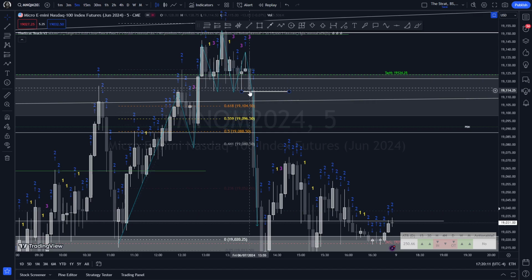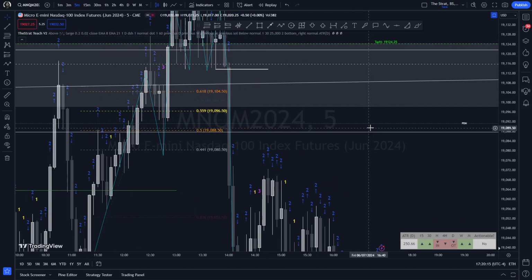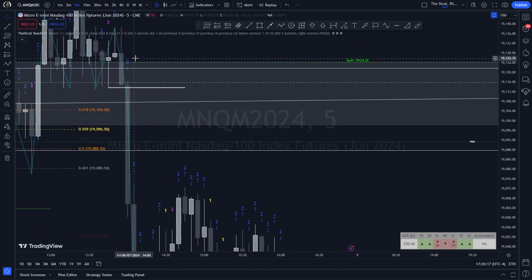So once I saw this two happen, the two is going to happen right where the wick of the three breaks, right? So right there, it becomes a two down. That's where it initiates the two down.